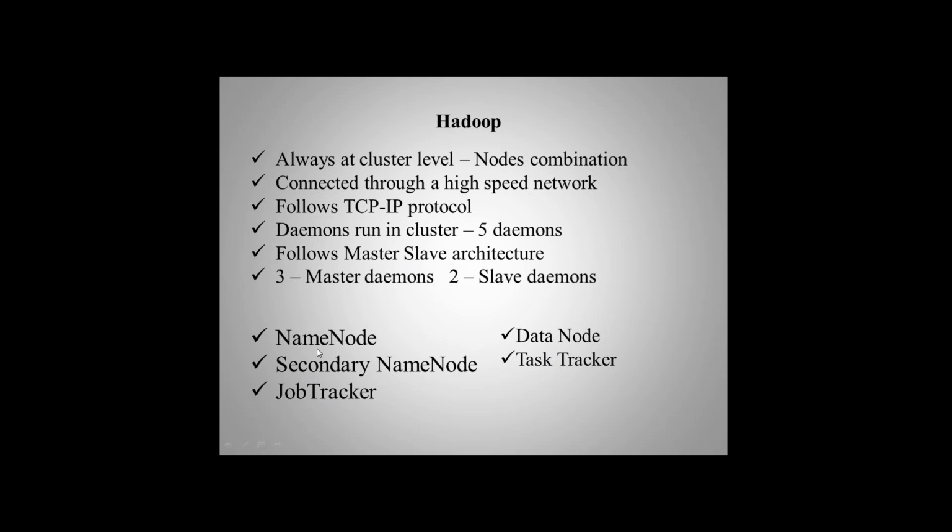In order to have these, the 3 master daemons will be running on 3 separate high-end dedicated machines. Remember, the 3 master daemons will be running on 3 separate dedicated high-end machines. These are not cheap hardware. Master machines are not cheap hardware.